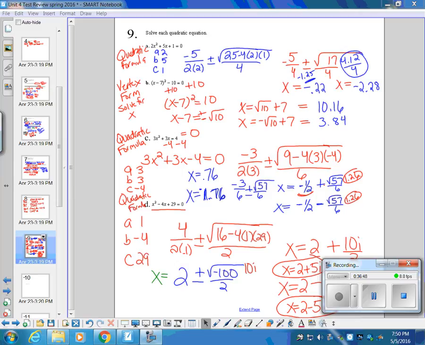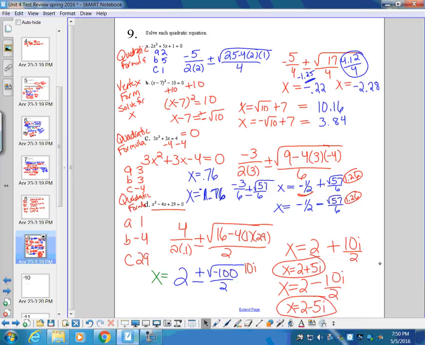Okay. Now, so that was x squared minus 4x plus 29 equals 0. We got x equals 2 plus 5i and x equals 2 minus 5i. Don't forget to simplify at the end. All right, so that was all quadratic formula solving, and also when we had a vertex form and solving for x.